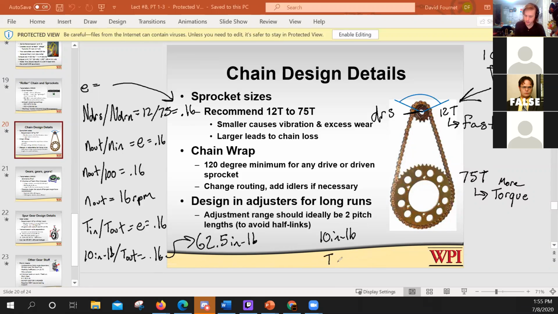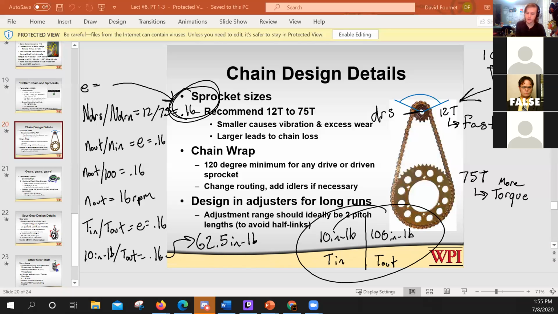This would be our T in. And then we wanted 100 inch-pounds going out. If we knew that, then we could find how many teeth we needed on a gear, which in terms of FTC, that's probably what's going to be the most useful.